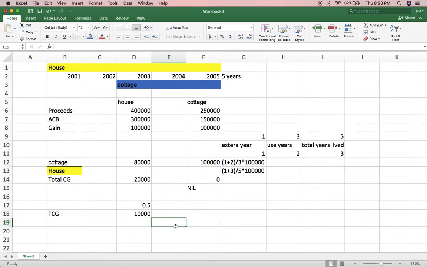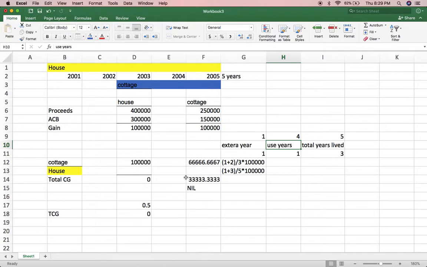Okay, the whole question is done. But let's see, rather than this, let's say we give the house 1 year, the cottage 1 year and the house 4 years.